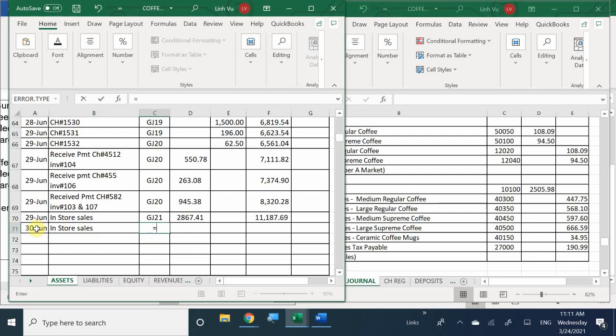General Journal 21, because we still had enough space for that last section there. We received $2,505.98. So what is my new ending balance in my checking account? 13,693.67. Perfect.